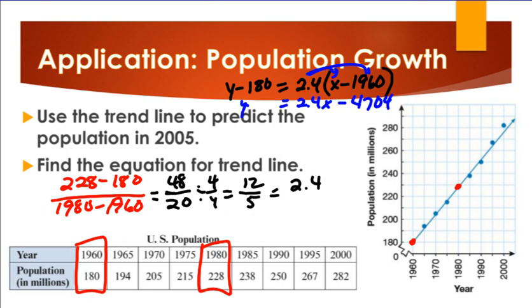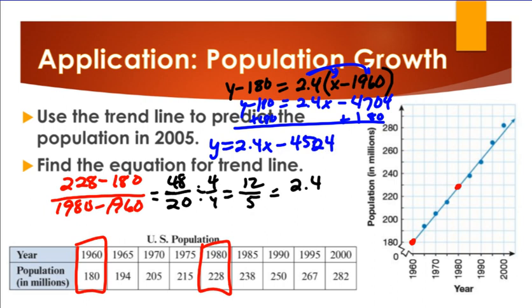plus 180. My equation would be y equals 2.4x and negative 4,704 plus 180 gives us a negative 4,524.